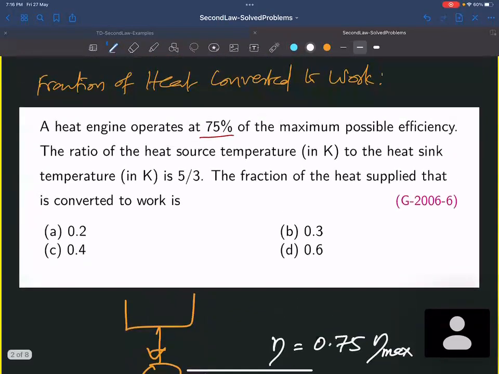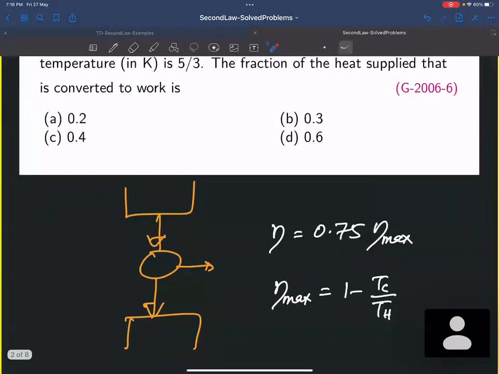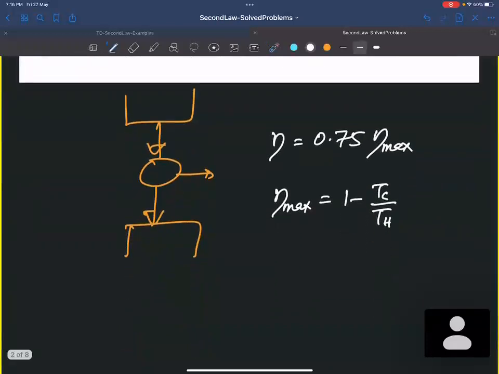We are also given the ratio of heat source temperature to heat sink temperature, otherwise Th by Tc is given. So this is given in the reverse way.